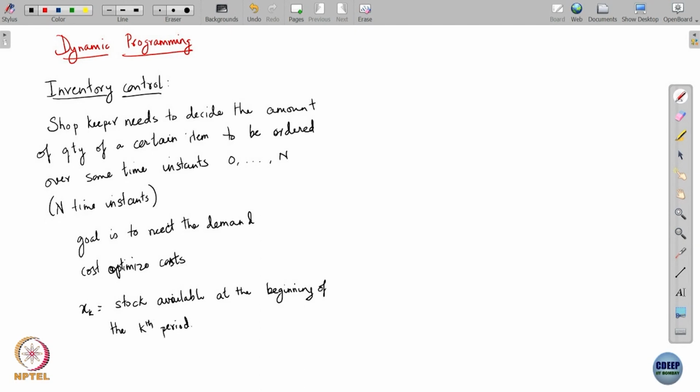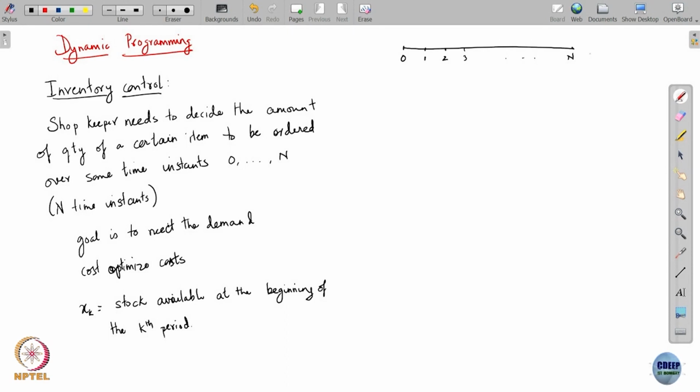So, we will be making decisions over time periods. The time starting from 0 to n is actually to be divided into n periods. So, this is period 1, this is the end of period 2, etc. All right. This is how we will think of time. So, time for us is going to be slotted and discretized like this.